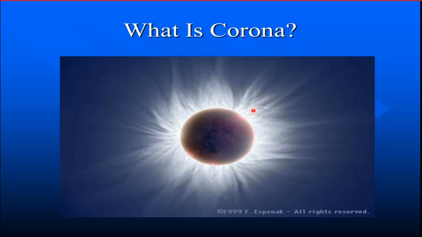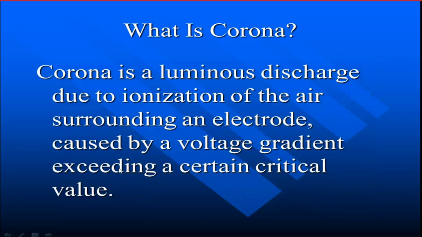That means the electrostatic field around the conductor decreases as we move away from it, and that decrease in electric stress is called the voltage gradient. So corona is the luminous discharge due to ionization of air surrounding the electrode, caused by a voltage gradient exceeding a certain critical value, and for air it is 30 kV per centimeter.